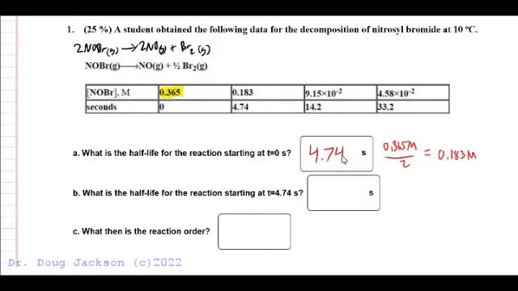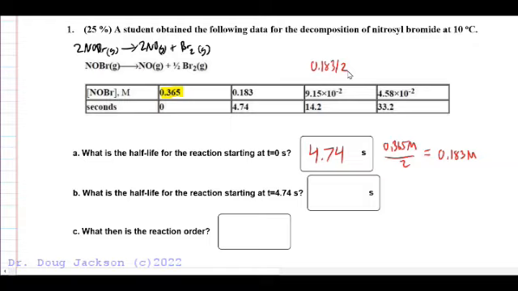And then in part B it says, well, what's the half-life if the reaction starts at 4.74 seconds? Okay, and so from there, 0.183 is our molarity. Half of that, there it is, 0.0915, so 9.15 times 10 to the minus 2 is half of 0.183 molar.